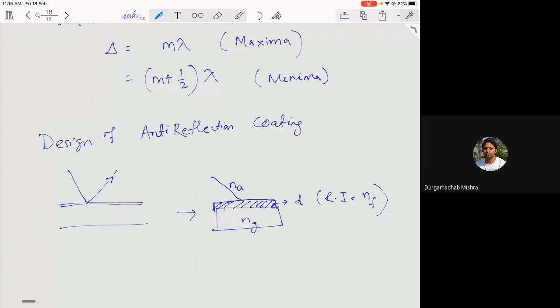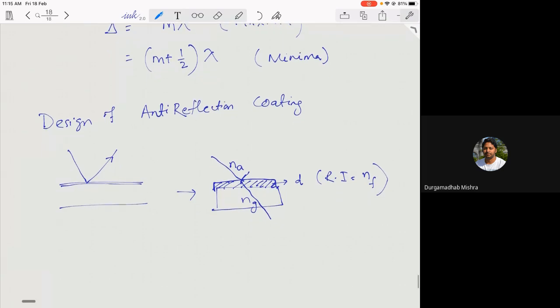You want most of the light to get transmitted. What goes on inside doesn't matter, but what is aimed is to reduce this reflection. And this is what the anti-reflection coating would do.